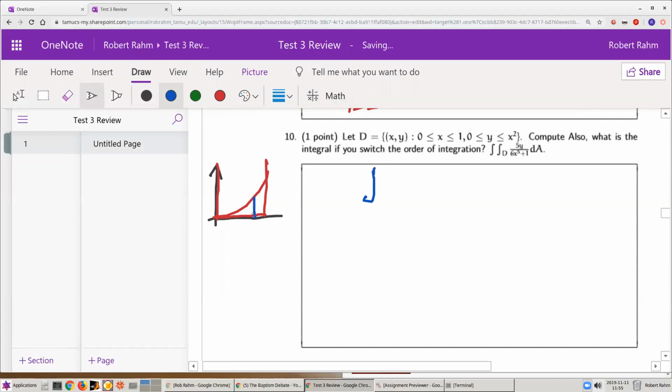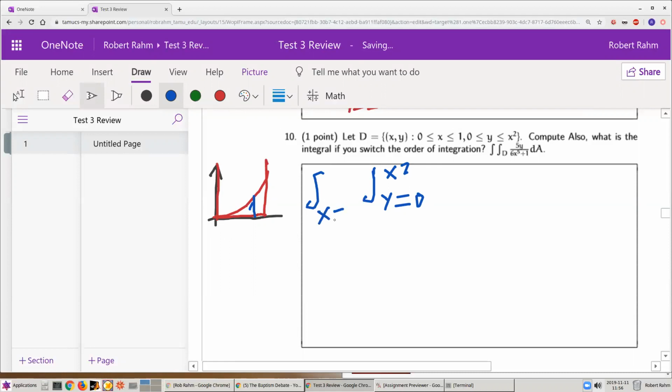Okay, now if we do it with the y integral on the inside first, we know that we're integrating in this direction. So y is going to go from 0 to x squared, and x is going to go from this point to this point. We know x is going to go from 0 to 1.